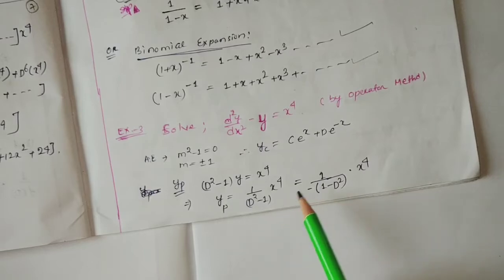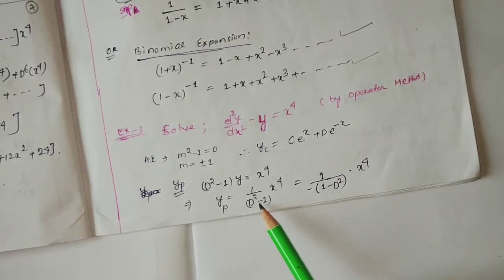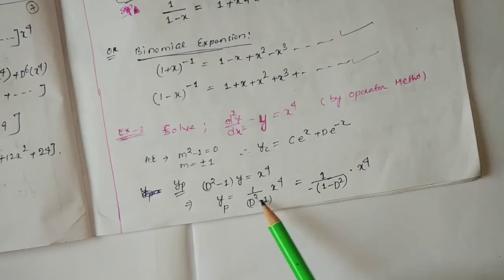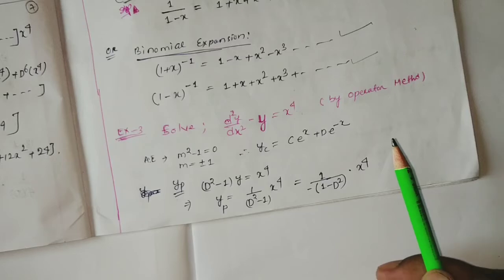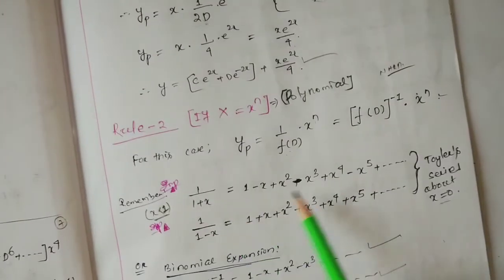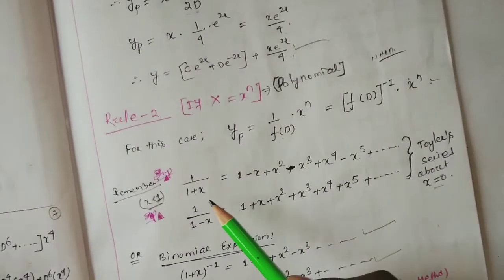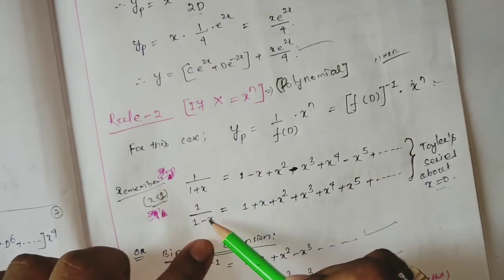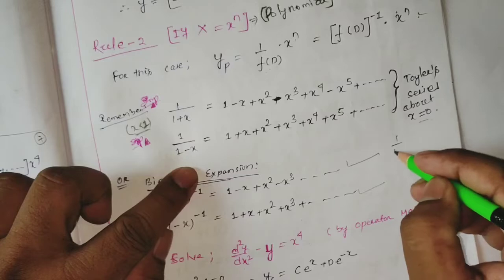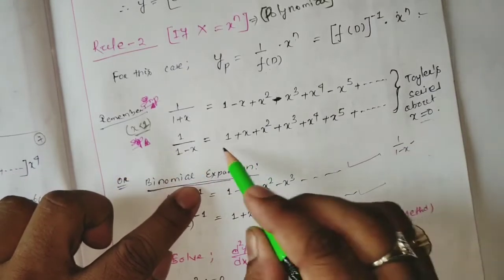Okay, so here if I take minus 1 common from these two, then it will be minus 1 by (1 minus D square) into x to the power 4. Remember, we have to use this expansion series whenever it is in the form of 1 by 1 plus x or 1 by 1 minus x. The 1 by 1 minus x series is this one.